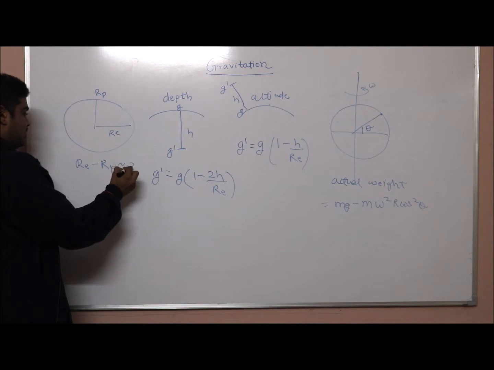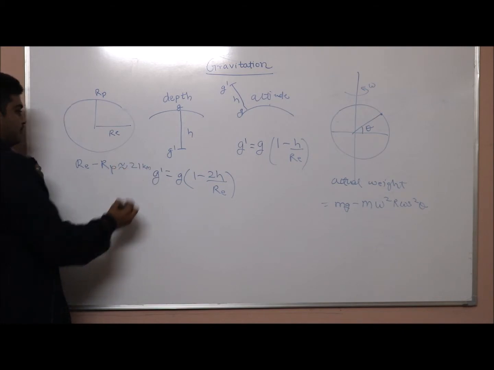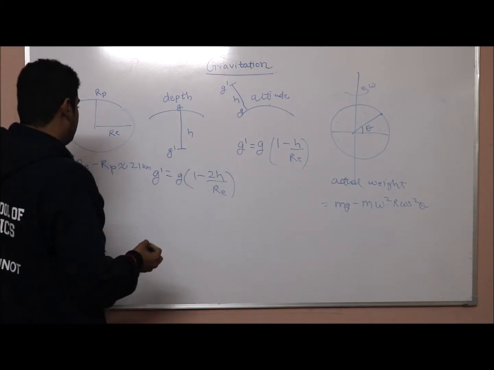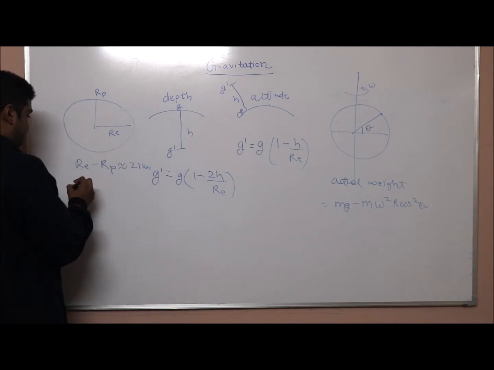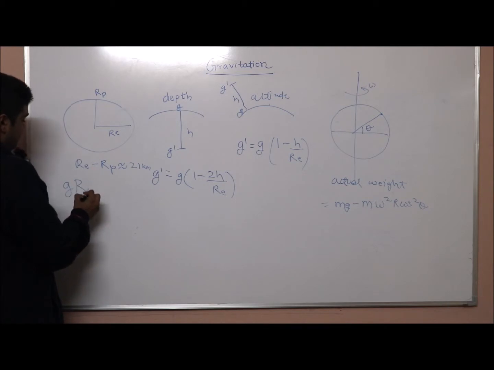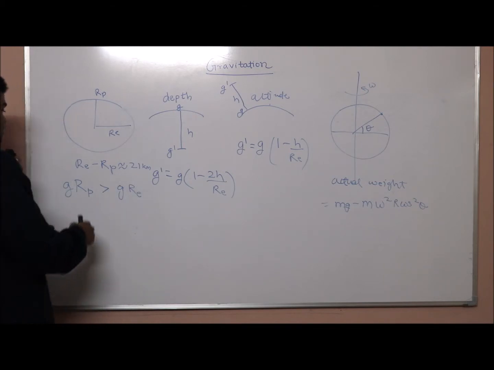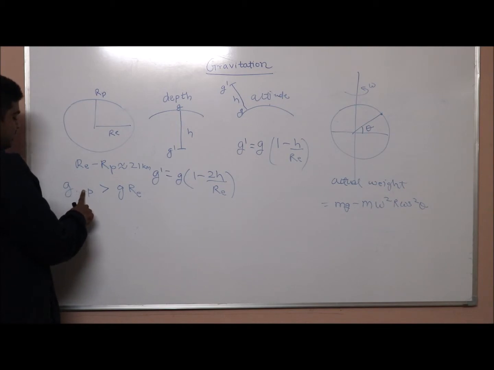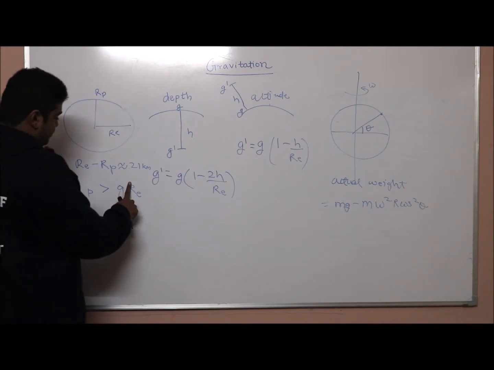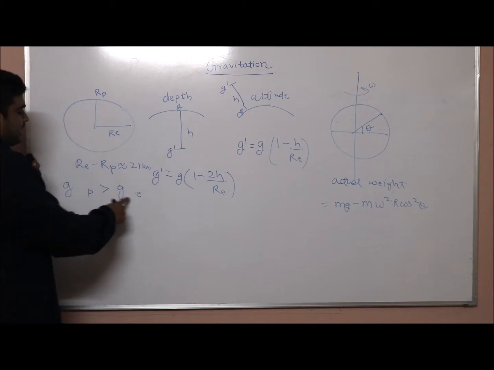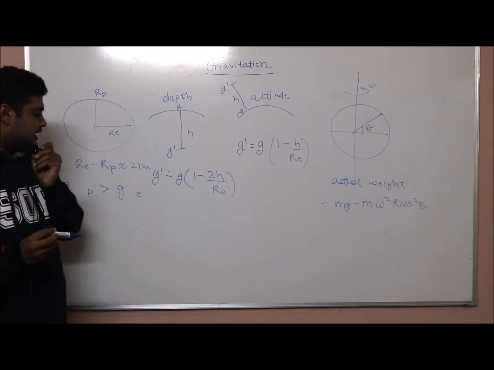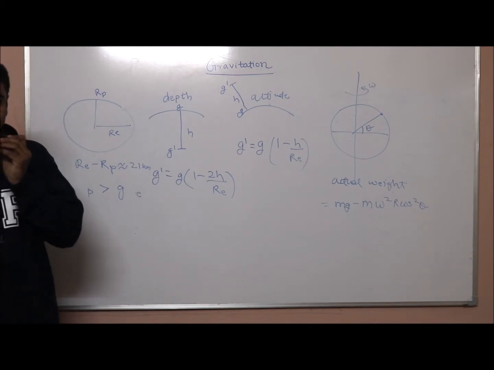The difference is approximately 21 kilometers. As we can see from the altitude equation, the acceleration due to gravity at the poles is going to be greater than the acceleration due to gravity at the equator. You have to remember this.